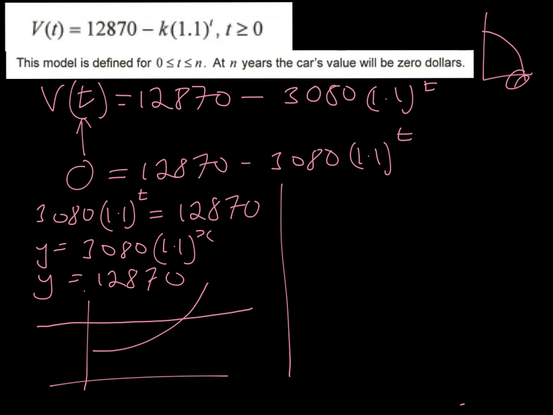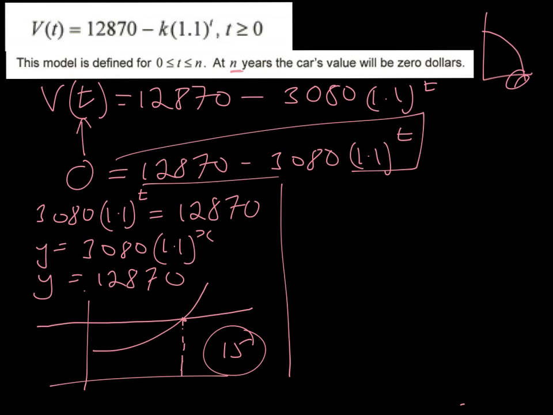You need to find the intersection, and you will find that where they intersect there is an x value of 15. So how many years, n, will it be before the car has $0? It will be 15.